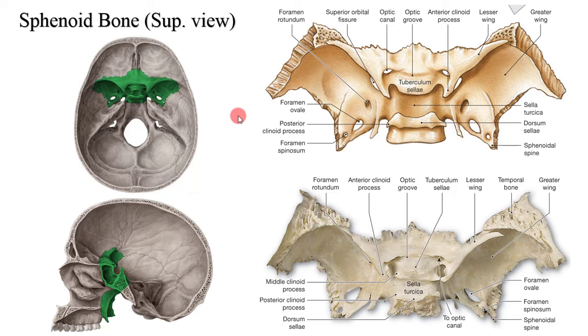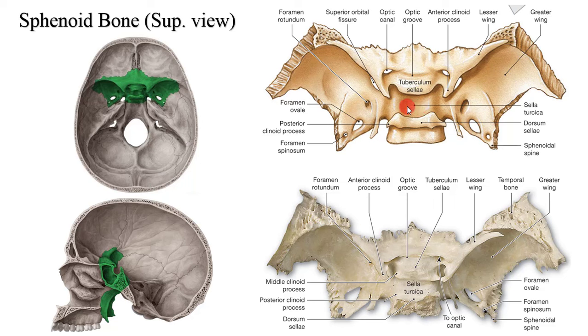Here you can see a prominent midline depression between the greater and lesser wings. This depression is termed the hypophyseal fossa, and the bony enclosure around the hypophyseal fossa is called the sella turcica. The sella turcica houses the pituitary gland.